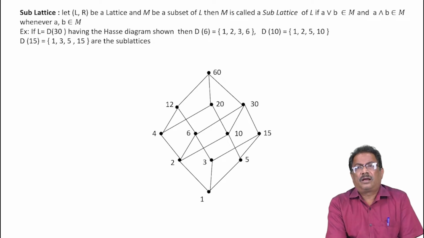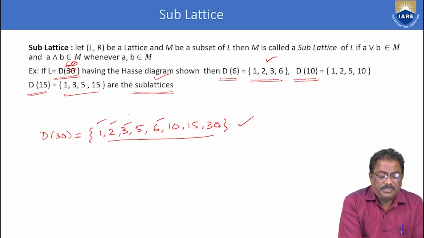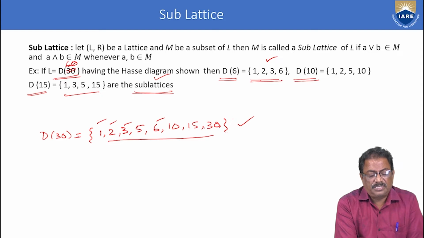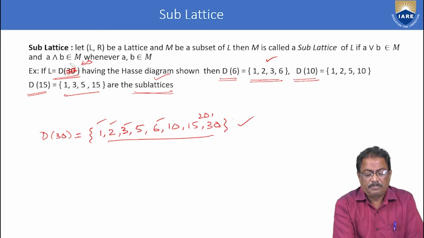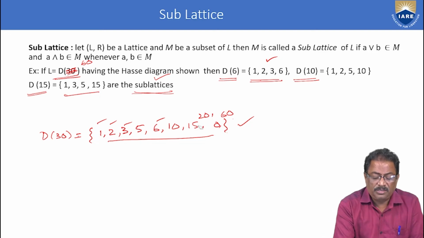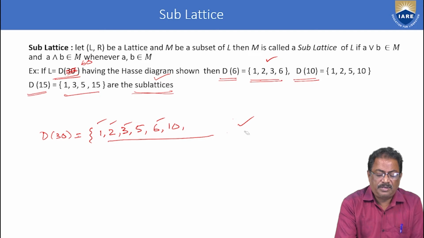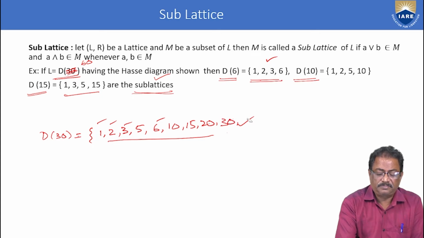The divisors of 60 are 1, 2, 3, 4, 5, 6, then 10, 12, 15, 20, then 30, and of course the next one is 60. So it is the divisors of 60.